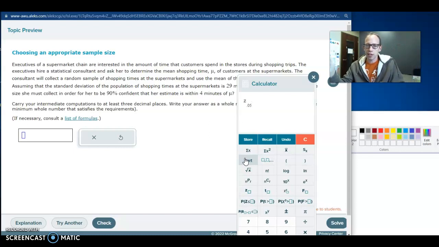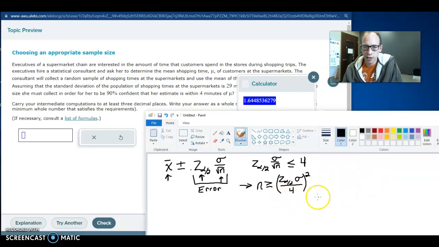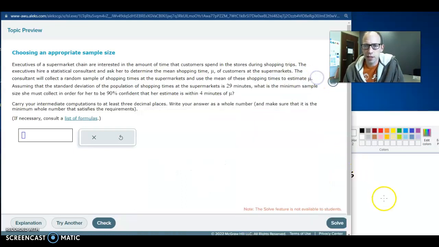So 5% on each side, and that's how we get our critical value of 1.645. So we're going to have 1.645 times, and you could also get that through the tables if you prefer.